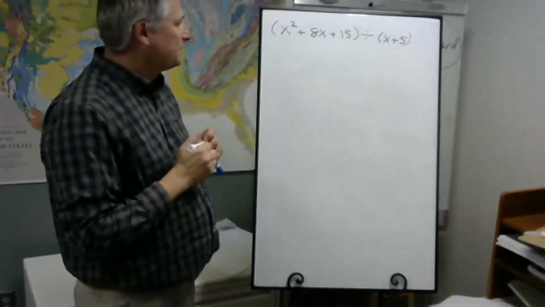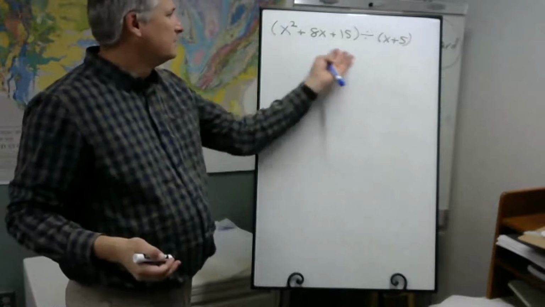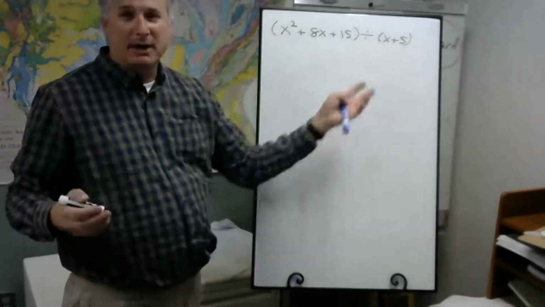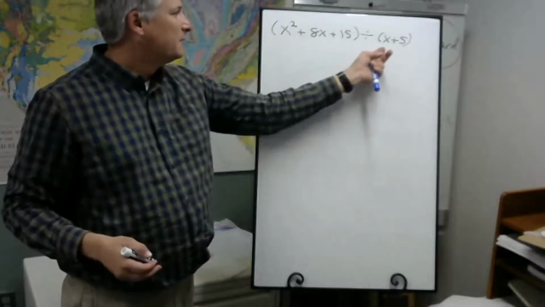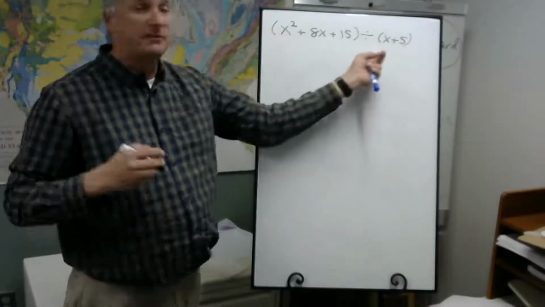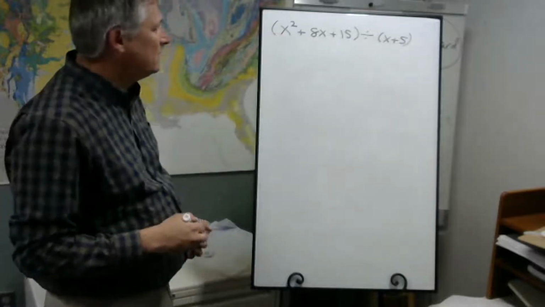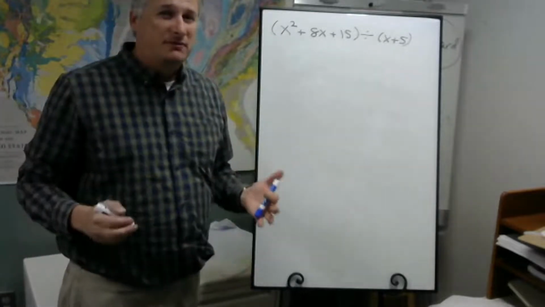In this case, we've got a division. Trinomial divided by a binomial, or we have a second degree polynomial and a first degree polynomial. What we do is we put this in long division form.